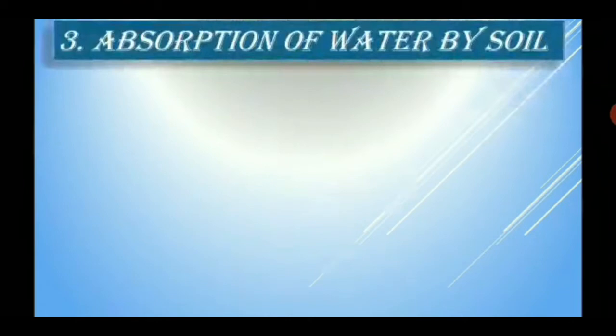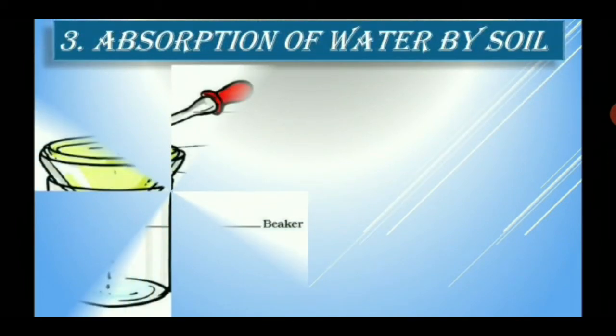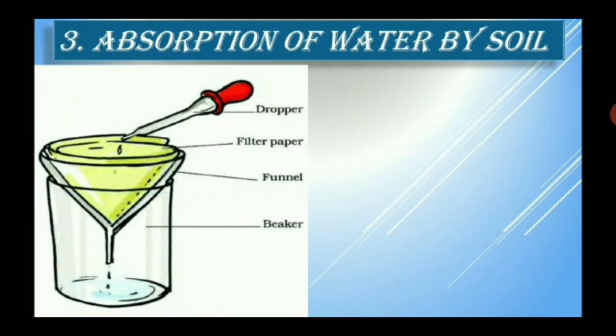Next property of soil is absorption of water. Absorption of water by soil. Now we will see how water is absorbed by the soil, or how we can calculate how much water is absorbed by the soil. For that, we have to perform another activity, and we have to take items like a beaker, funnel, filter paper, dropper, and some sample of soil.